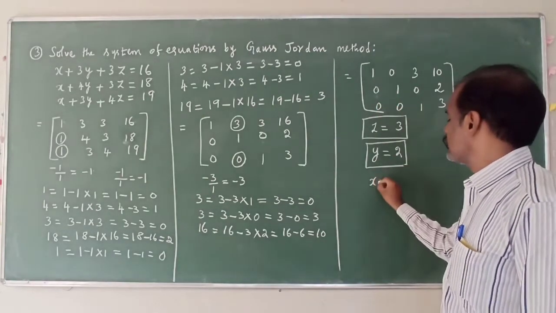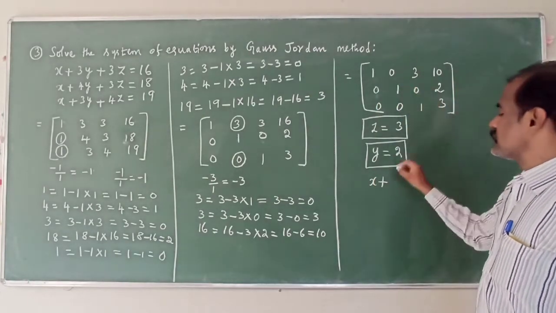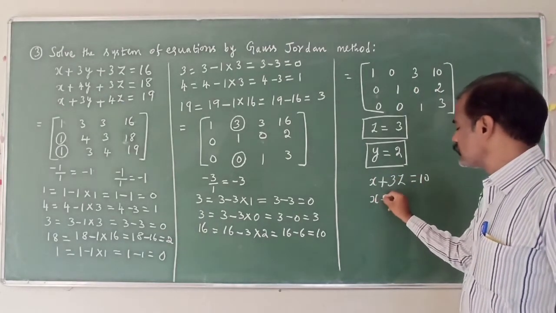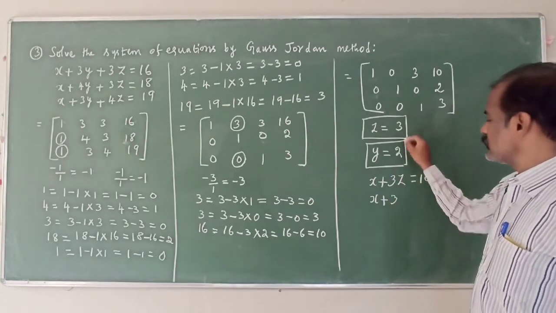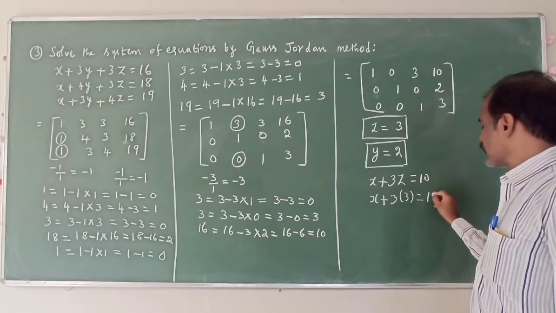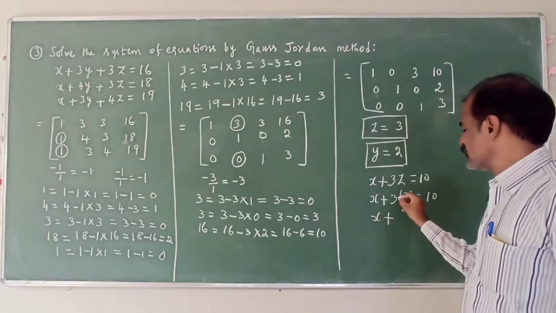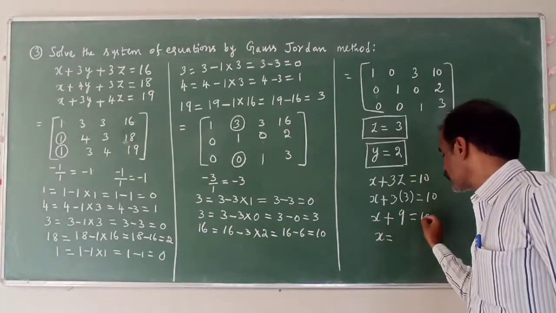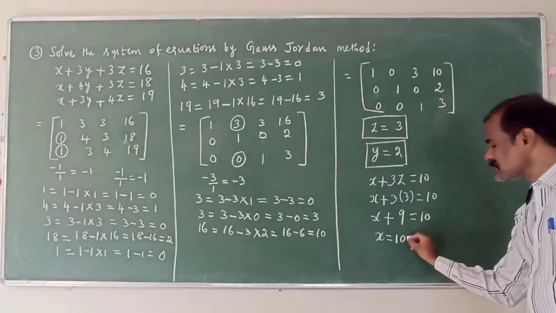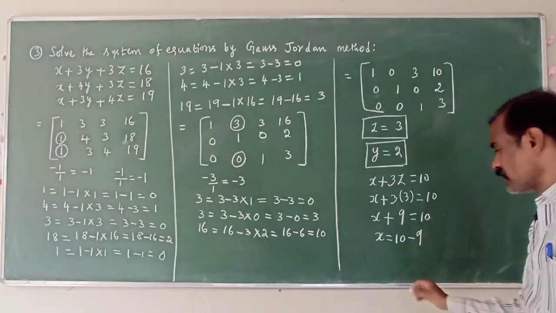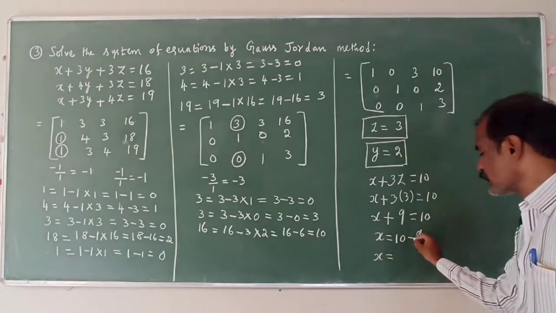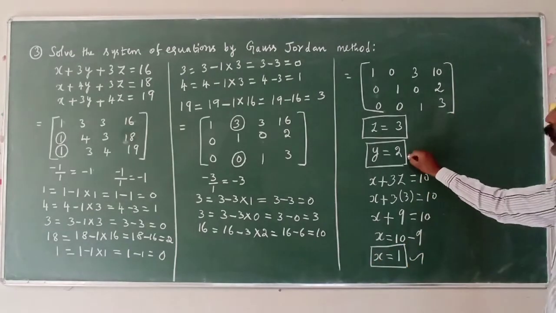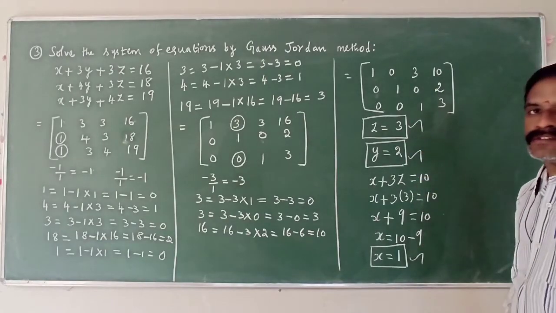Here x plus 3 into 3, 9, equal to 10. Now x is equal to 10 minus 9, which equals 1. Now x value 1, y value 2 and z value 3.